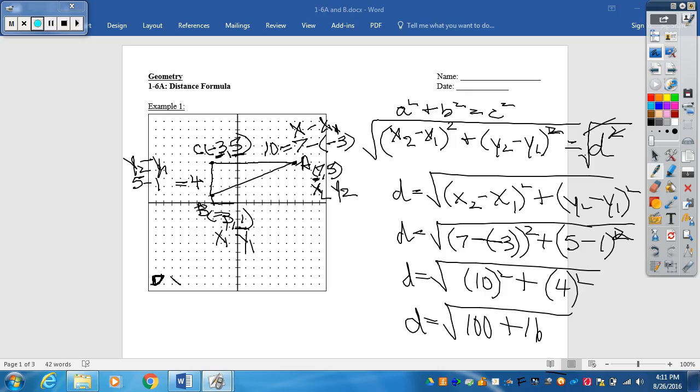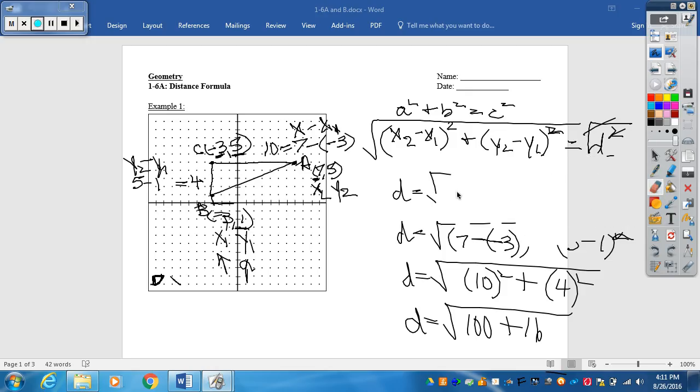Now, I always have a question from a student that says, okay, what if I switch these two? The x sub 1 and y sub 1, what if I make them x sub 2 and make these other ones at A the x sub 1s? Well, let's go ahead and look at that. Let me clear some space for us to operate.